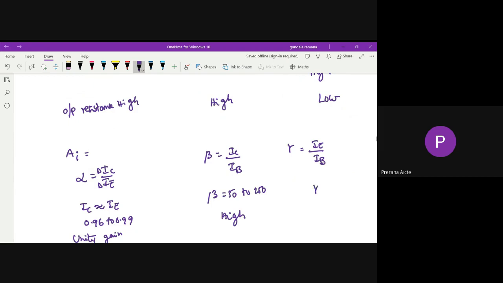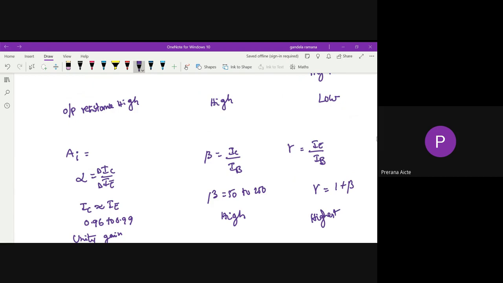Here gamma is equal to 1 plus beta, whereas in CE it is only beta. That's why compared to CE configuration, CC configuration has the highest current gain.